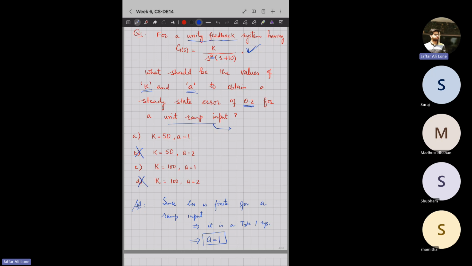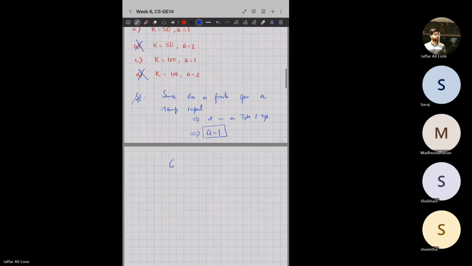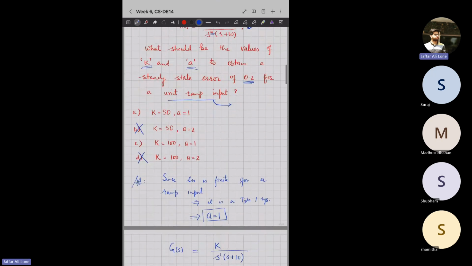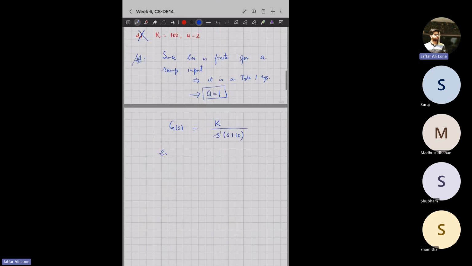Now let's solve the other part. Now our transfer function is G(s) equal to k divided by s raised to the power 1 into s plus 10. What we have to find is the value of k such that my steady state error is 0.2 for a ramp input.